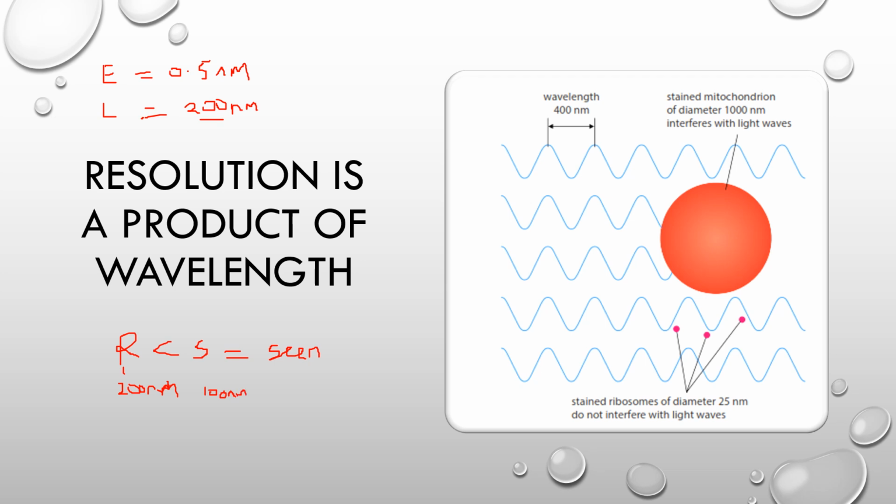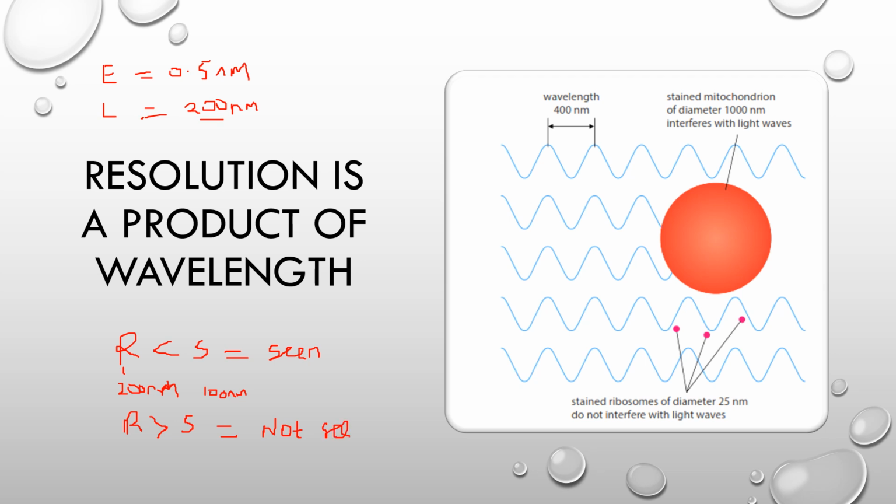So what I'm trying to say is that if the resolution is greater than the size of the structure, it cannot be seen. You cannot see the object using that particular microscope.